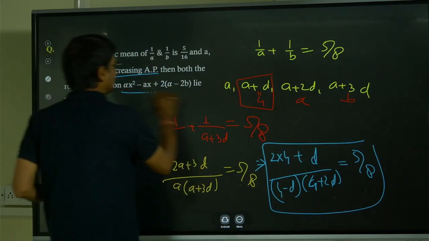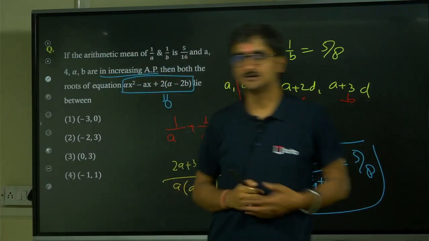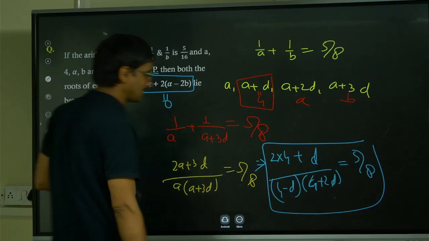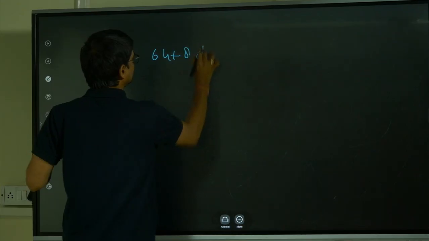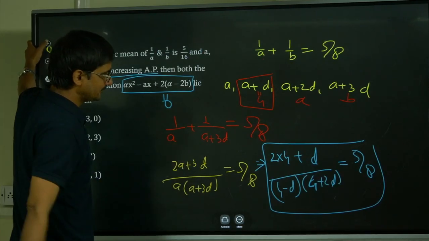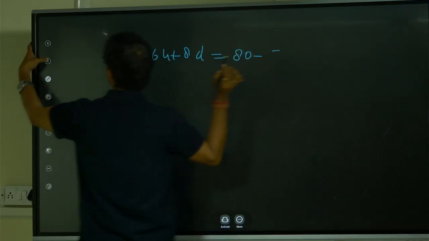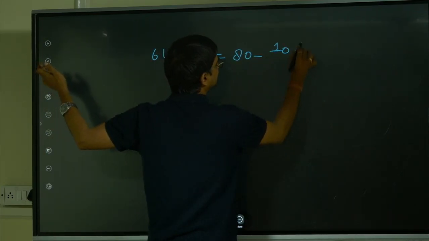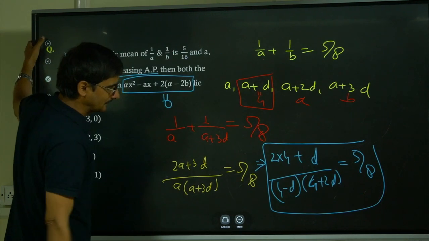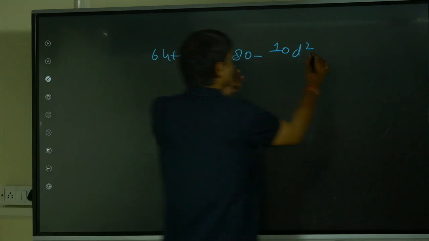And then you have to check in which interval the roots of this equation lie. How can you check it? Shall I do it in that case? Wait, let me try quickly. 64 plus 8d is equal to 80 minus 2d square minus 10d square, then minus 4d, 8d plus 4d plus 20d.